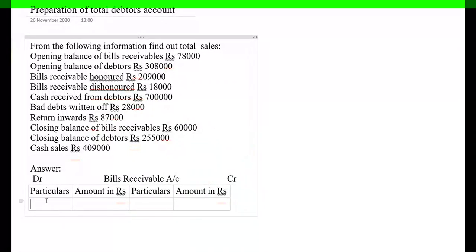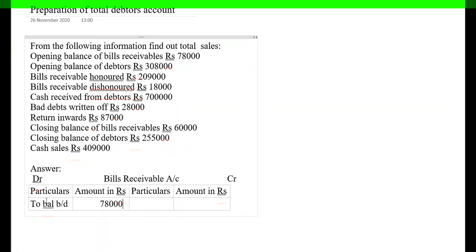So now let us go for preparing the bills receivable account. Opening balance, so to balance brought down, which amounts to rupees 78,000.